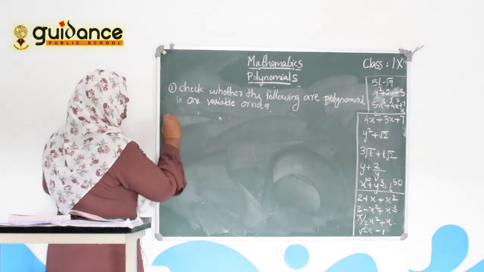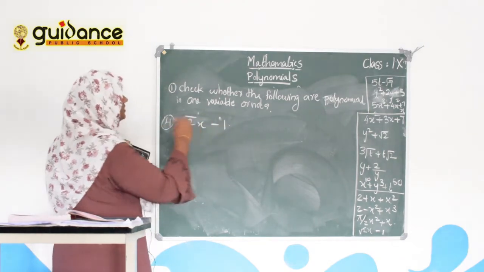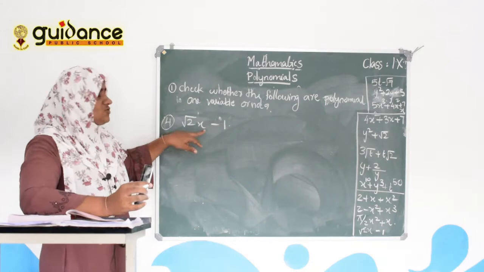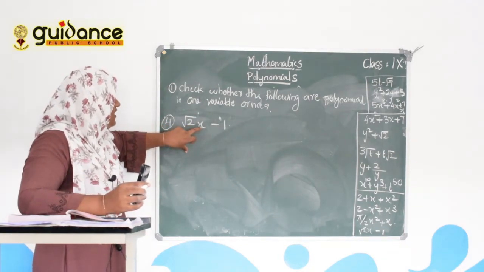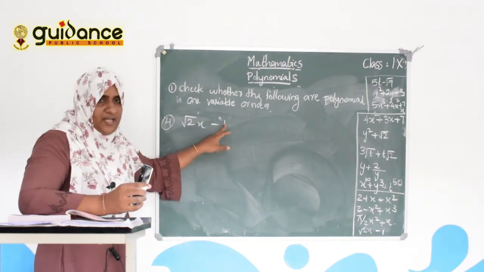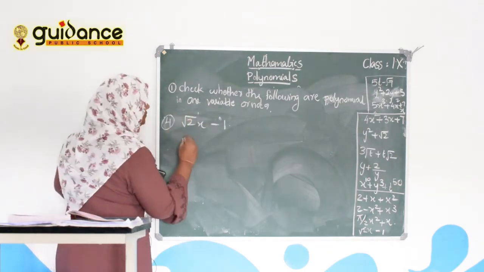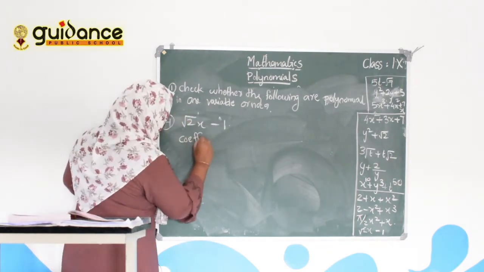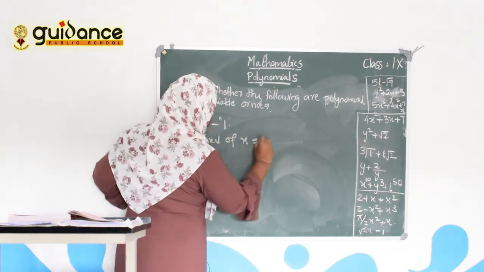Fourth question, root 2x minus 1. How many variables are in this question? One variable, x only. How many terms? Root 2x is one term and minus 1 is the other term. Here the coefficient of x equal to root 2.